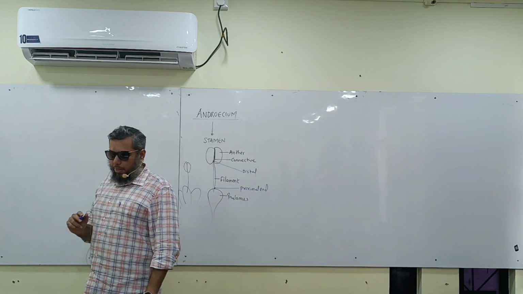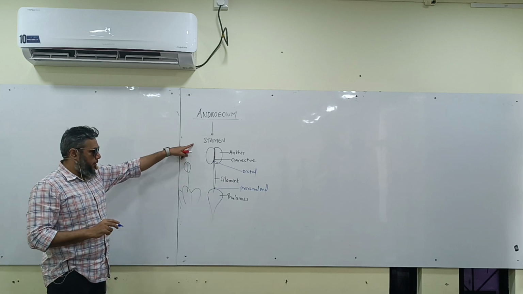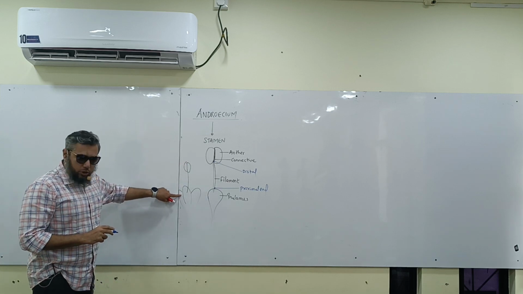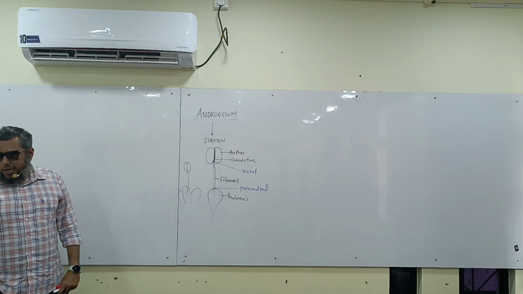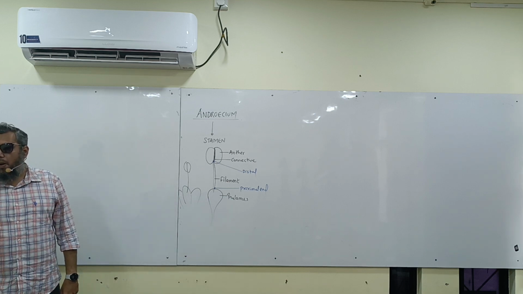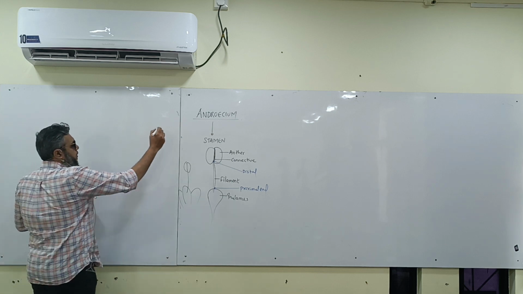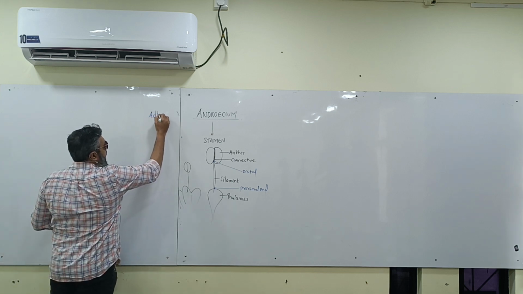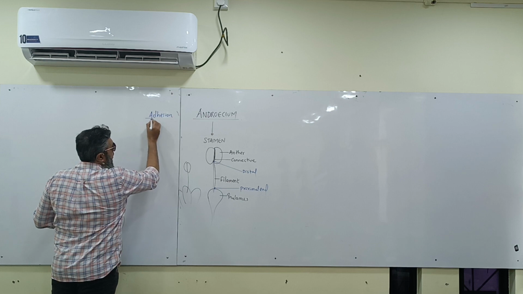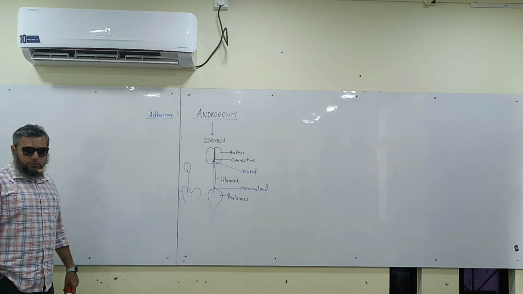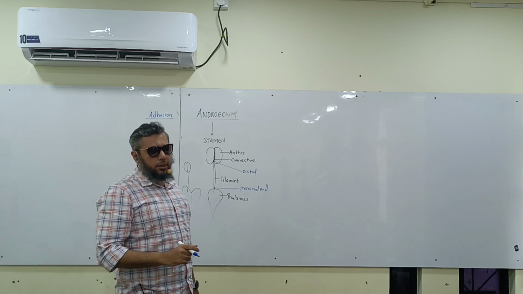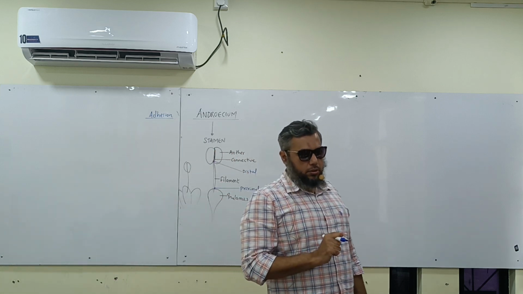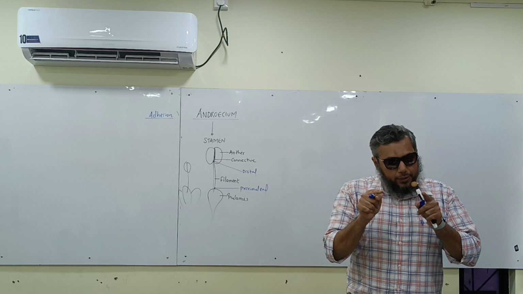When the stamen is connected to the petals, it is fused with a different whorl, and that fusion with a different whorl is called adhesion. In the previous lecture we saw cohesion. That was the fusion within the whorl, shown by a bracket.